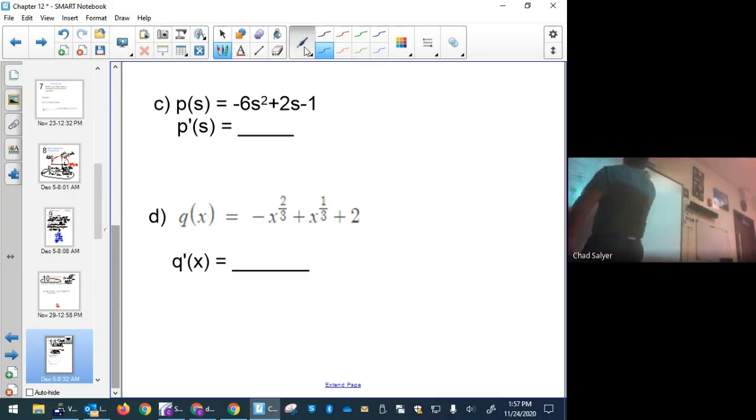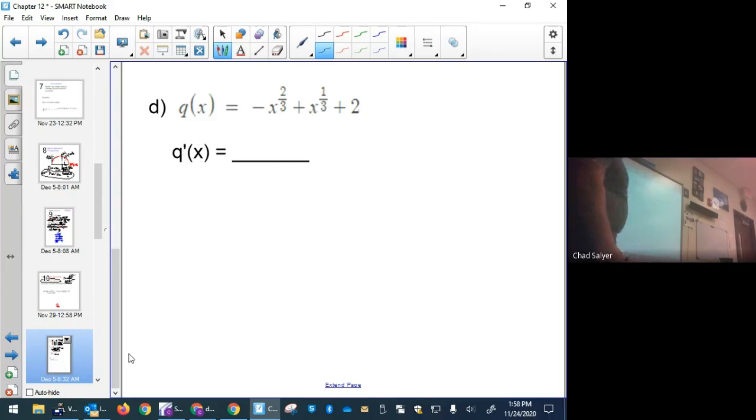Okay. So let's talk about these. Whitney, what about P prime of s? Negative 12s plus 2. Excellent. So anywhere on this function, if I plug an s into this P prime of s, I will know the function's slope, its rate of change. So P prime of s tells us the rate of change of P of s at any s. What about Q prime of x, Blake?